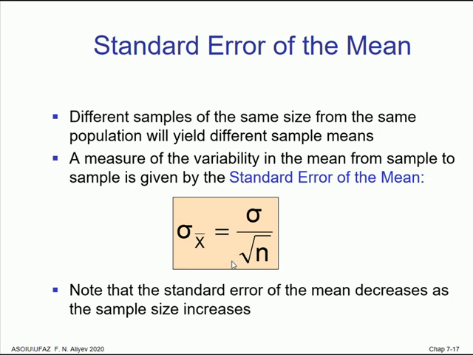And here you see that if we increase the sample size, with the population standard deviation constant, then the standard deviation of the sampling distribution decreases as n increases.